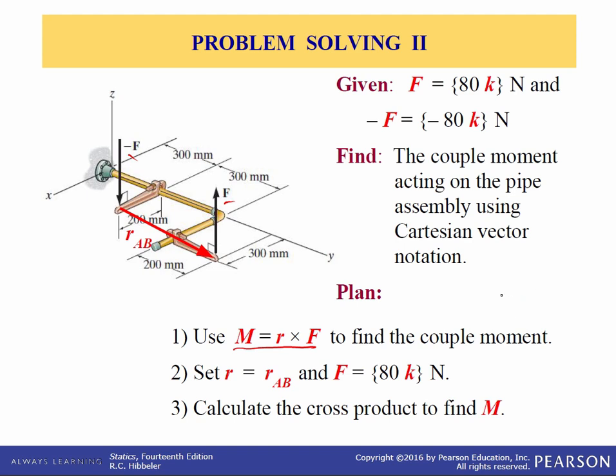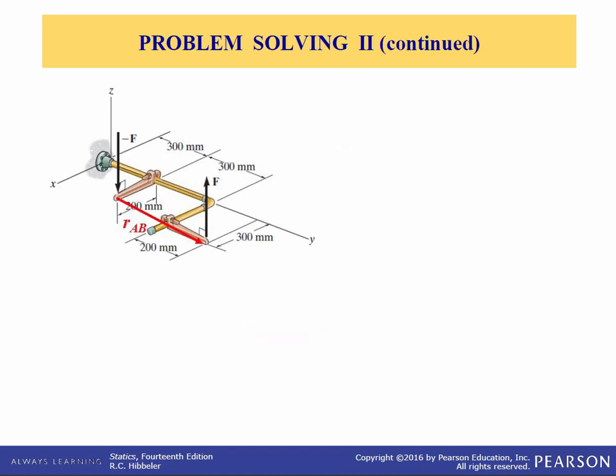So I'm going to go from point A to point B. So my position vector is r_AB, and we're going to use the positive value of the force. You could also say r_BA and F is equal to minus 80k. Either way. And then we'll calculate the cross product.